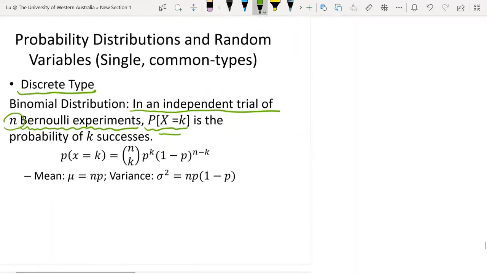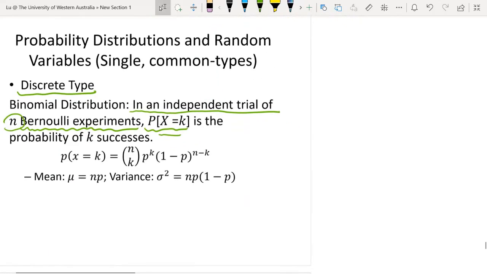Okay, so this is the case, and the PMF function of such binomial distribution is given like this. This combination indicates out of n times Bernoulli experiments, we have k times successful. So we need to multiply the probability of each Bernoulli experiment success to the power of k times successful.